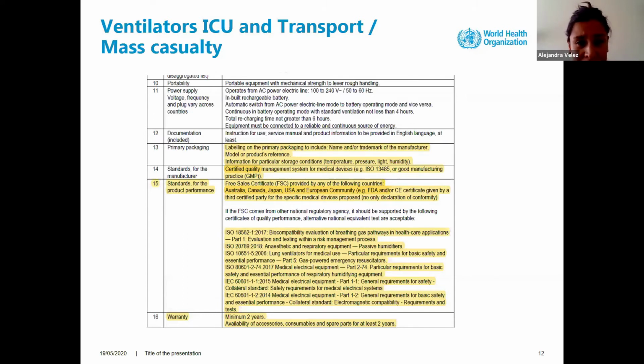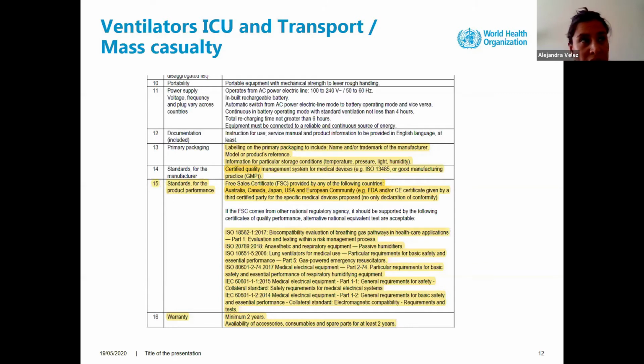One is the packaging, the labeling, the information of the manufacturer, the distributor, or the authorized service people that will be on the ground. Also, we are requesting some standards. We know this has also been changed and adapted a lot during the emergency, because equipment comes from different certification bodies or regulatory bodies.